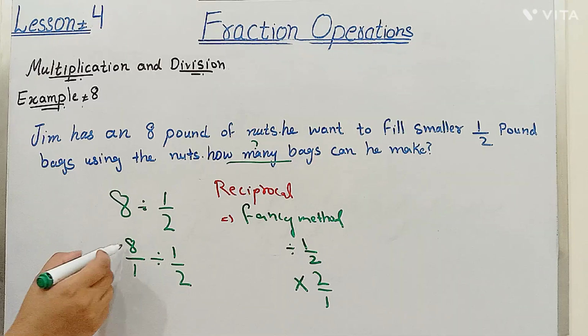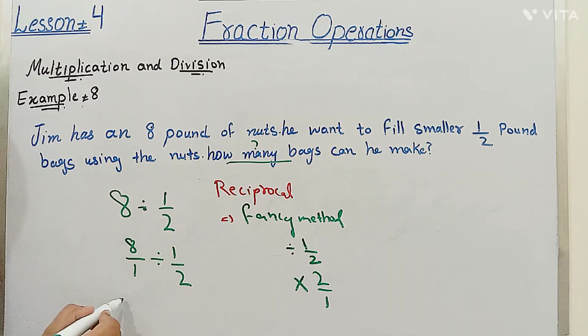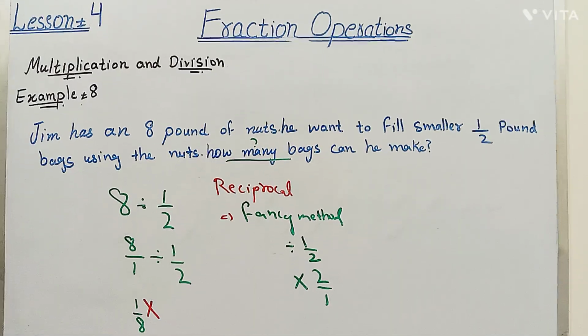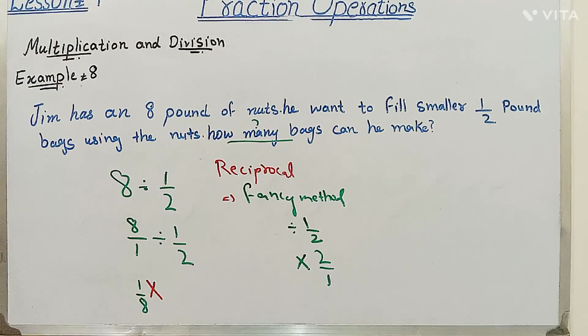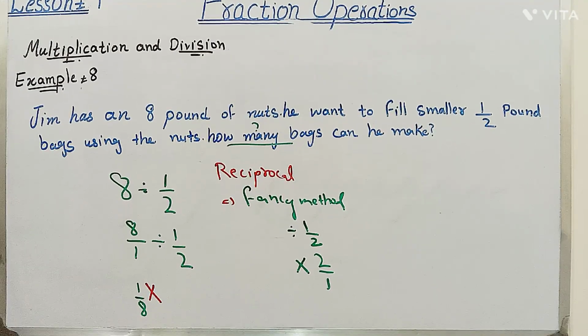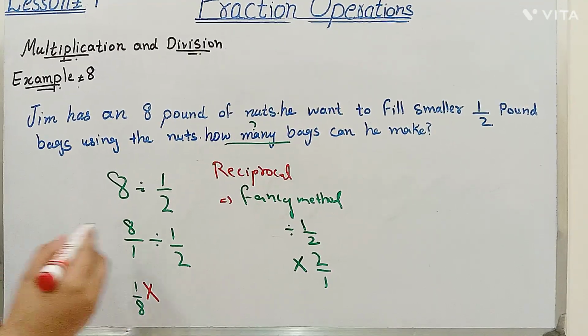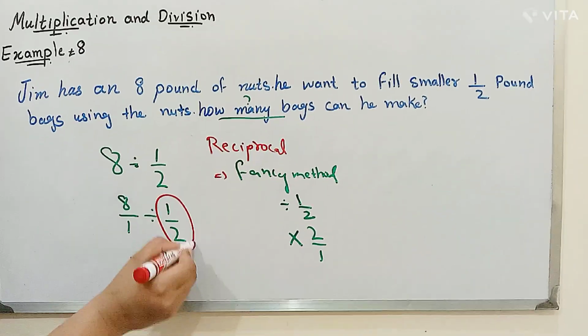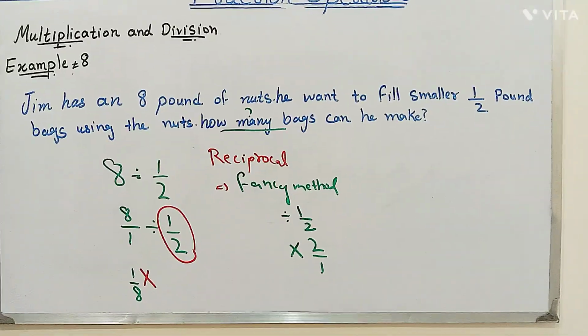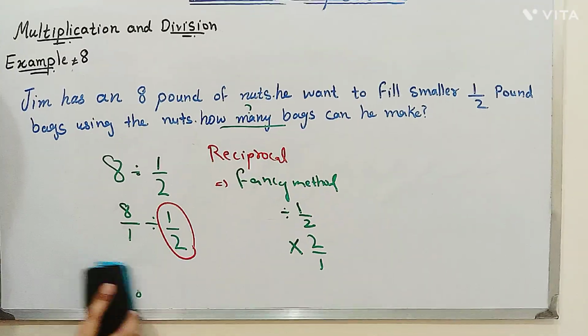Some students make the mistake of also converting 8 over 1 into 1 over 8, but that is not correct. We only make the reciprocal of the fraction after the division sign.